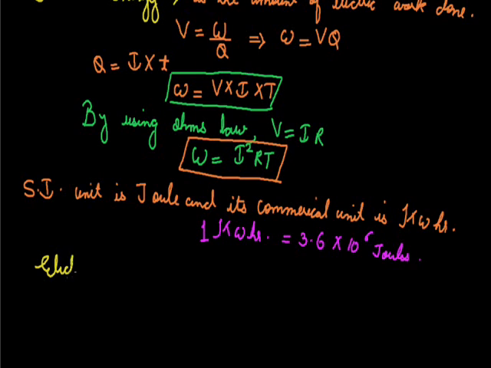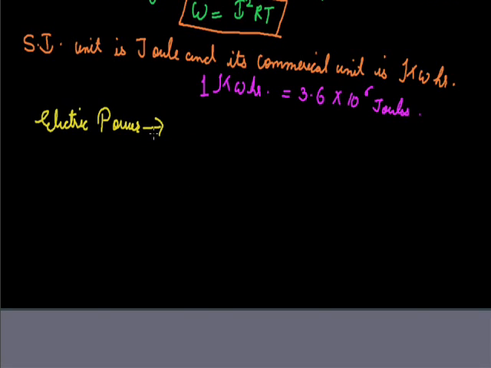Now we will study about electric power. Power is defined as the amount of work done per unit time, or as the rate of doing work. So, electric power is defined as the rate of doing electric work.